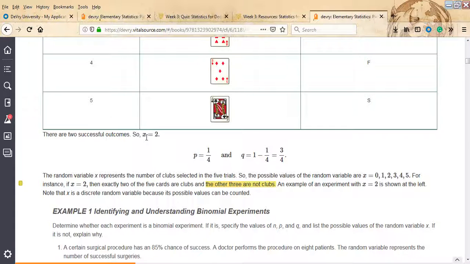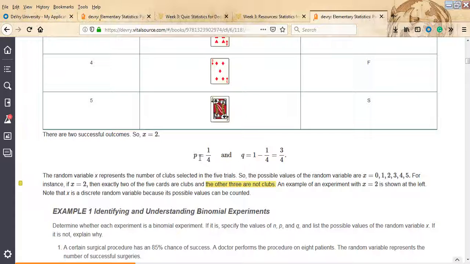Our x turned out to be 2. You could also say that our p is also 2. And so it's confusing here because they're using p and q. Now we're back to the probabilities, and it's a little bit confusing because they're kind of interchanging or intermingling the same notation.